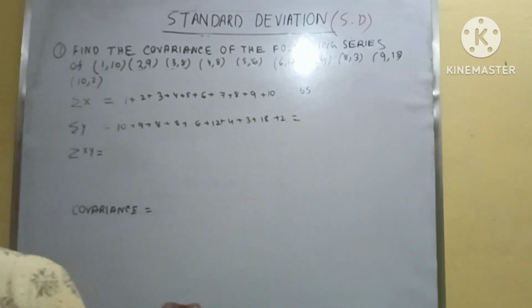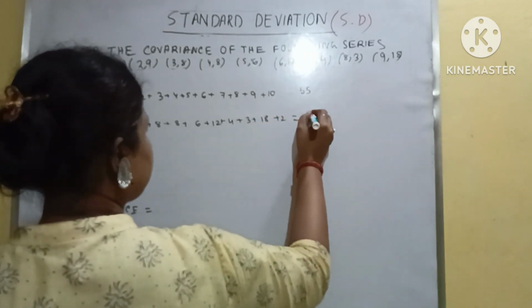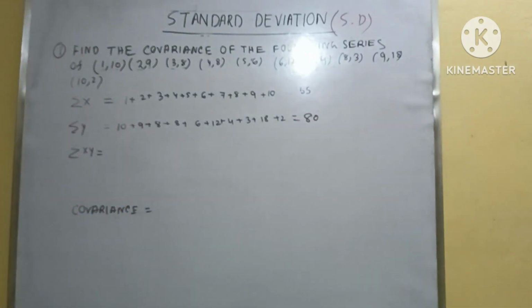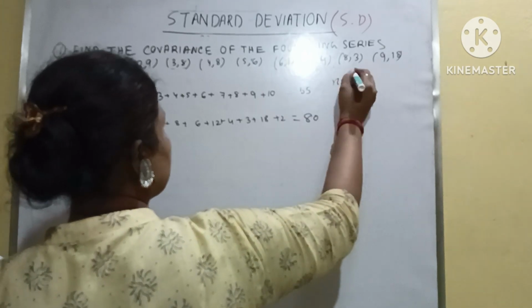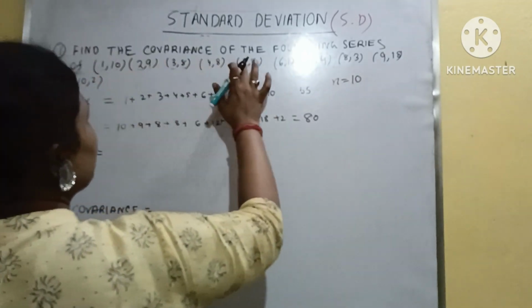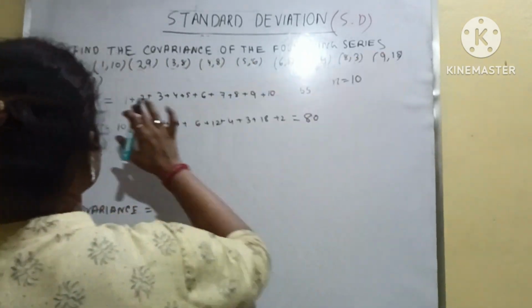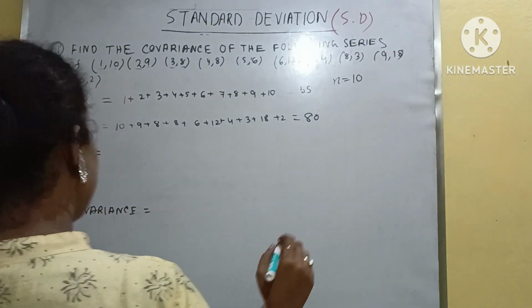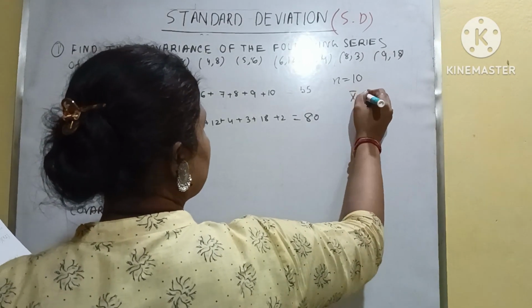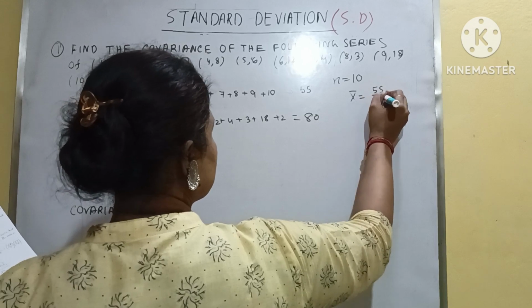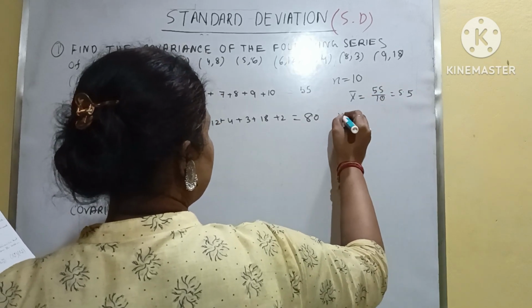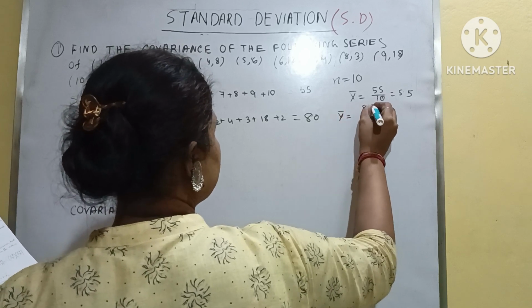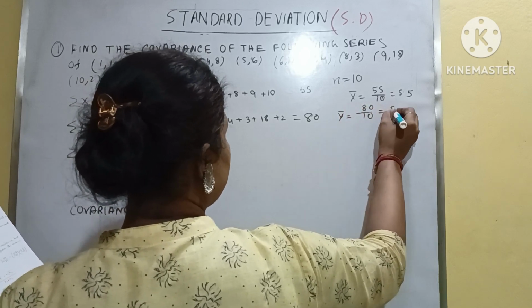The value here is 80, and here the n value is 10: 1, 2, 3, 4, 5, 6, 7, 8, 9, 10. And x bar is 55 by 10, so the value is 5.5, and y bar equals 80 by 10, so the value is 8.